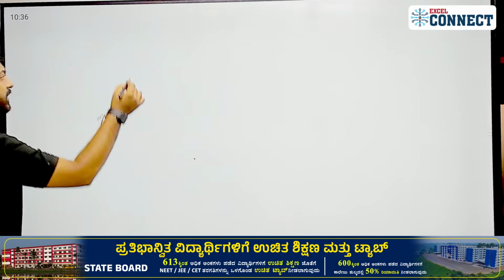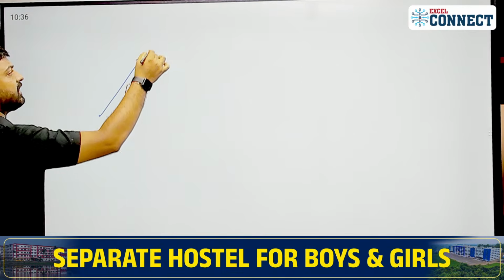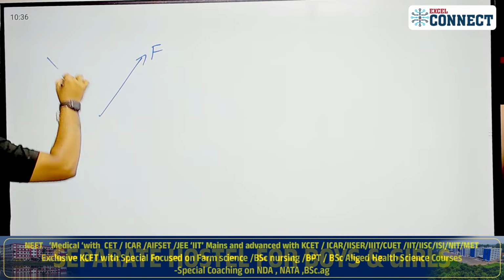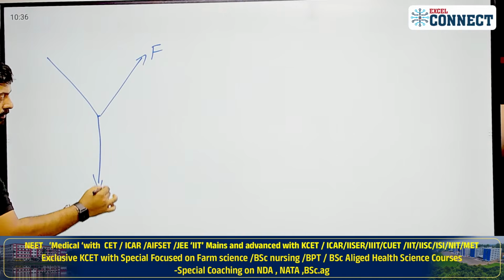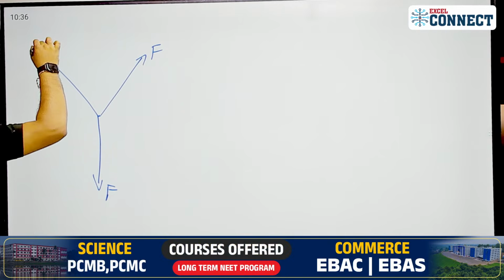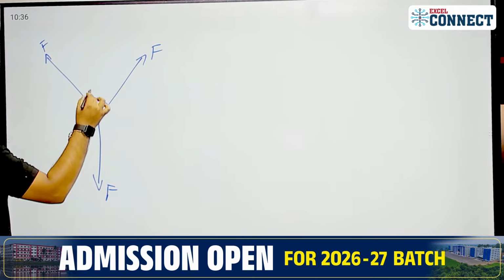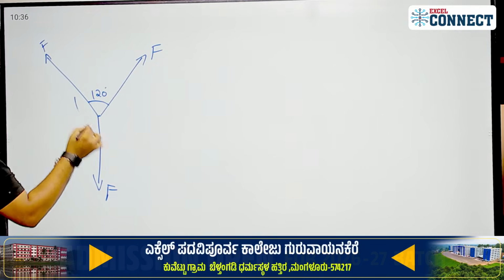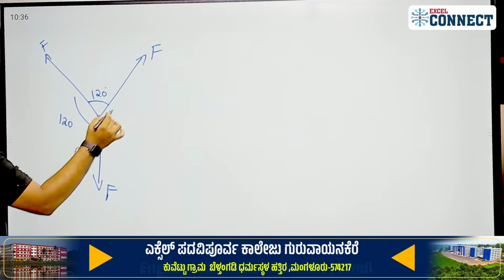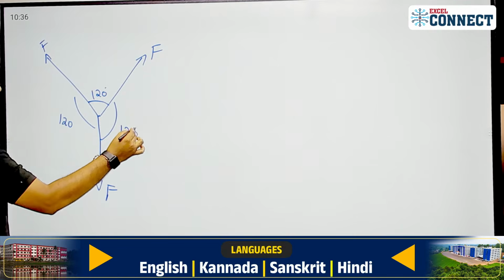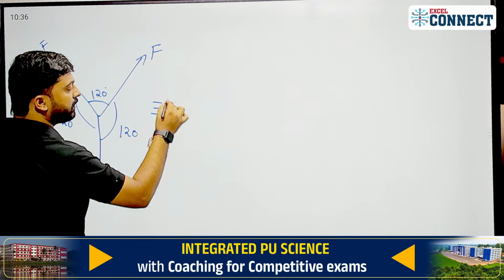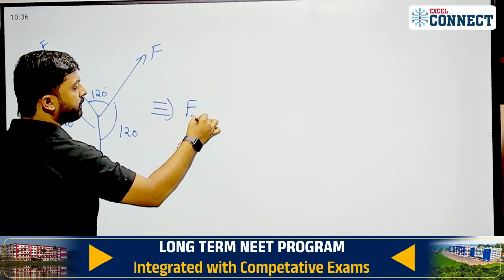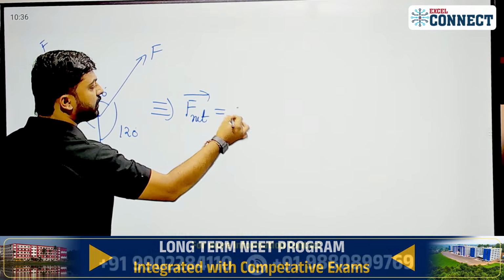Now, remember this result when there are three forces. When there are three forces and all the angles are 120 degree, what is the net force? Net force is 0.